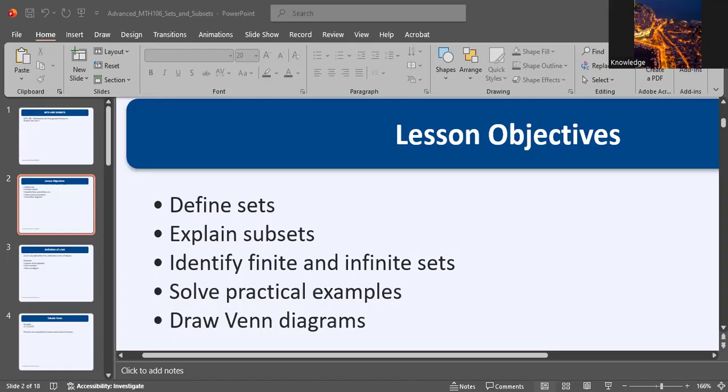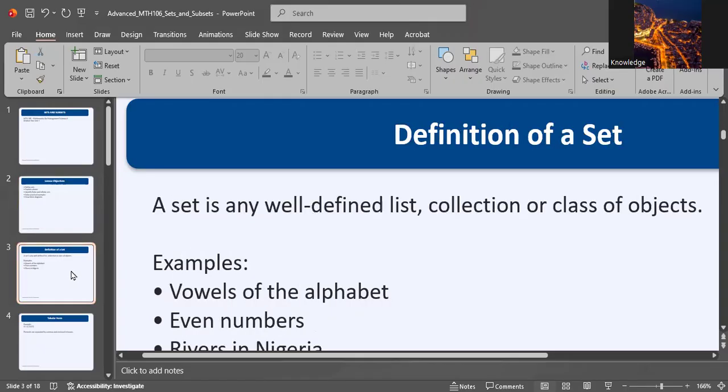So, the first thing I want us to know is the definition of set. Basically, on a daily basis, you as an individual practice sets. Your house arrangement, how you made the order of things in your house, is a practical example of set.